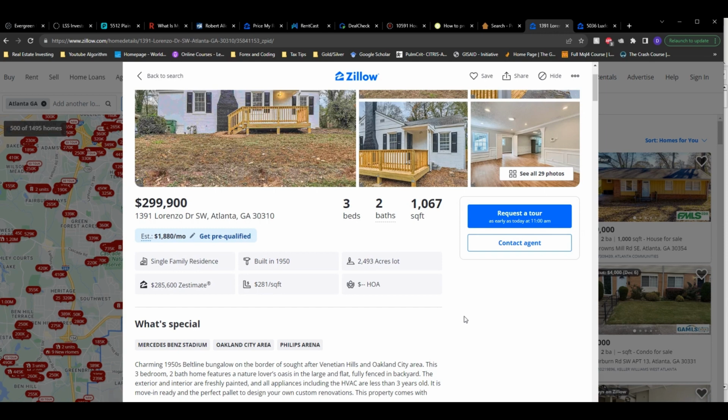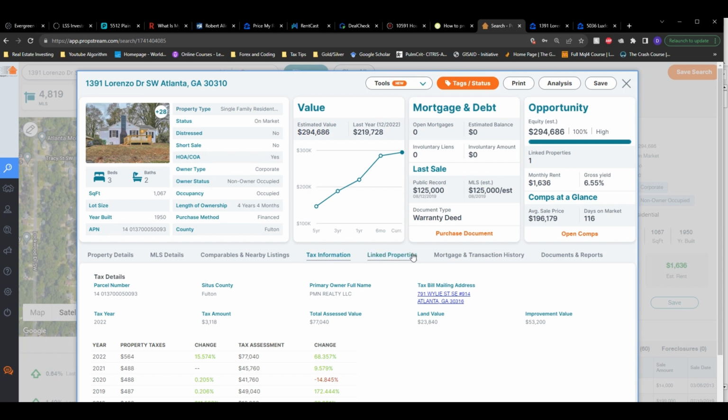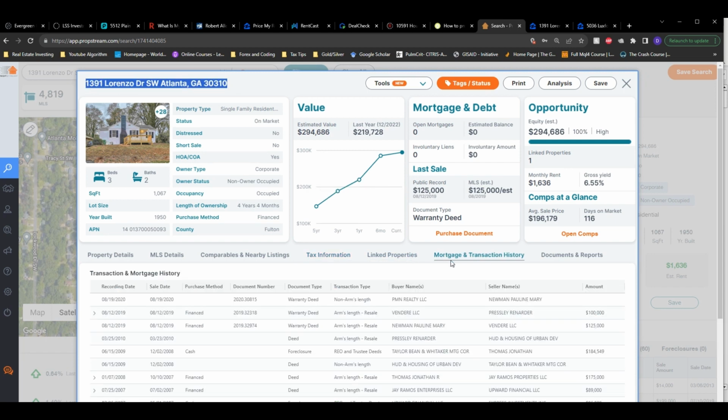The reason that I know that is a seller finance opportunity is because PropStream has reported to me that there is no mortgage associated with the property. So being that there's no mortgage associated with the property, this is a seller finance deal.